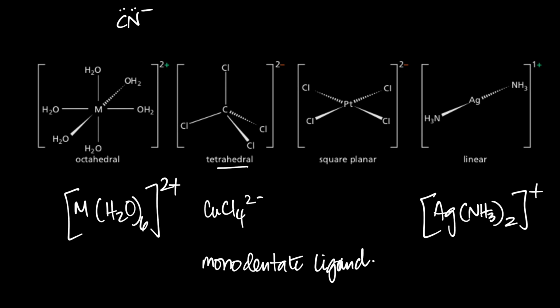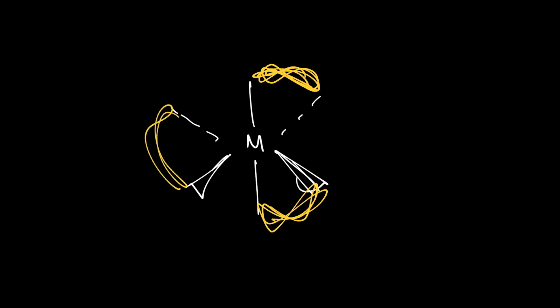I'm going to leave you with that thought. When bidentate ligands form octahedral complexes, instead of having 6 individual ligands, there will be 3 making 2 bonds each. Something will come and bond here and here, something will come and bond here and here.